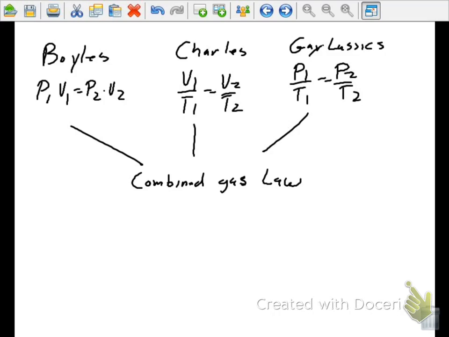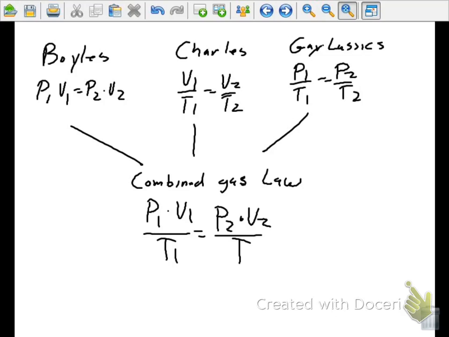Okay? So the combined gas law looks like this. It's P1 times V1 over T1 equals P2 times V2 over T2. Now this is a situation where you don't have control over some of the variables.